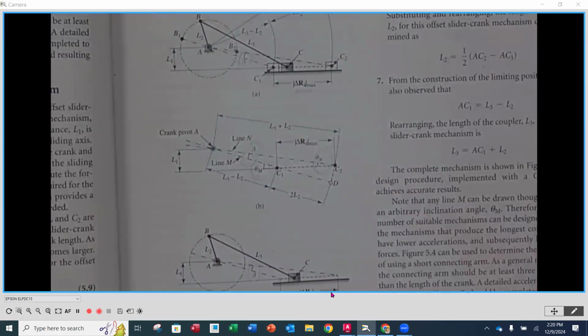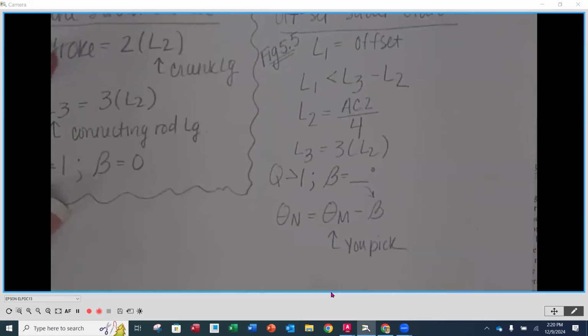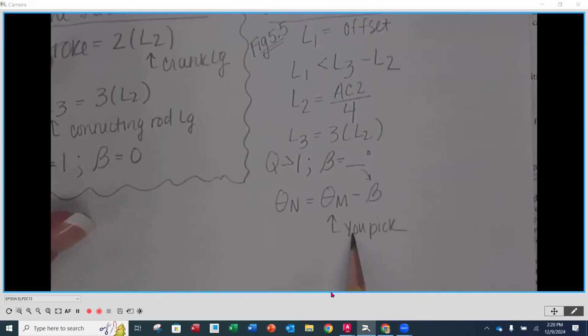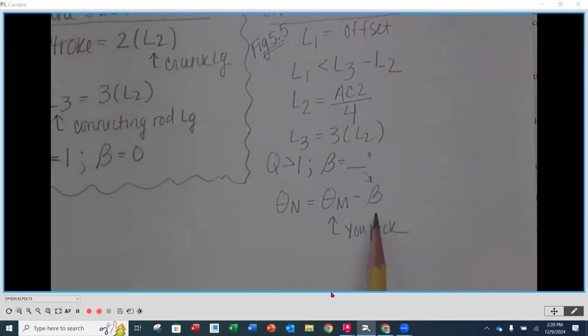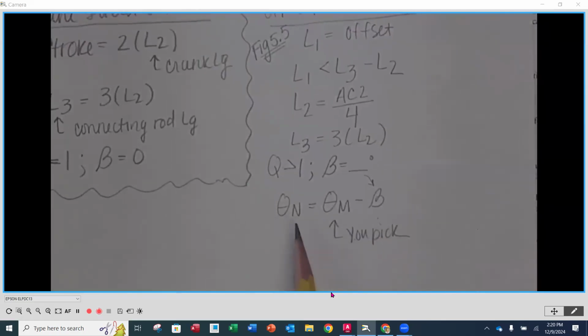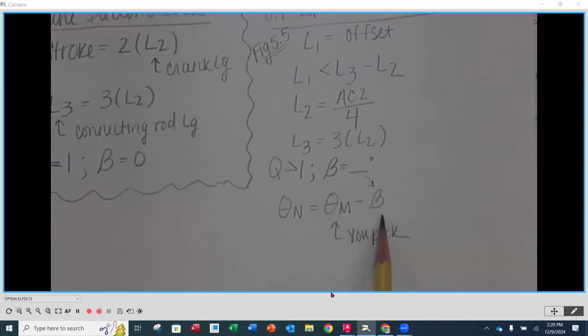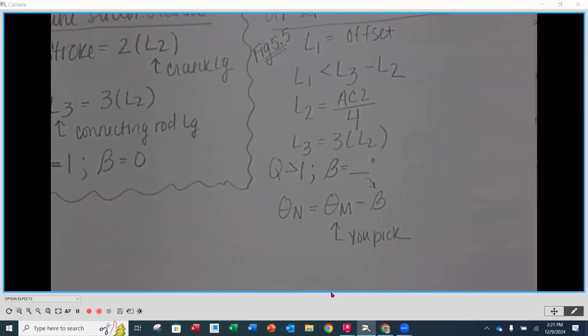If it's too shallow, then you have to bump it up a little bit. You'll know that when we do our design, and I'll walk you through that process. You pick that value, calculate beta, and then theta n is equal to theta m minus beta. So just kind of put that in the background.